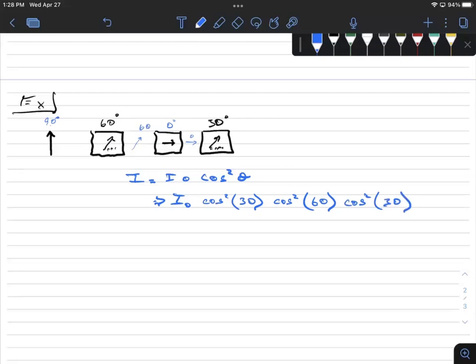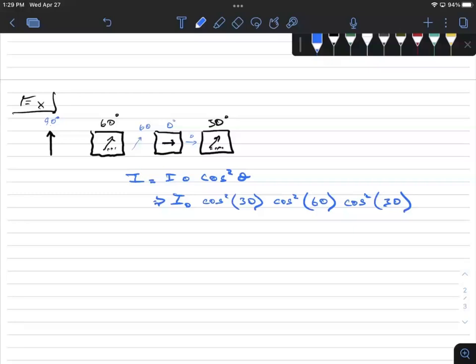And now that's what my equation looks like. Each one of the filters gives me an angle. The angle, of course, depends on what's the light already at and what's the filter at. So the first filter was 90 minus 60, which gives me 30 degrees. The second filter, I'm now at 60 because I made it past the first filter, and I'm trying to go through a 0.